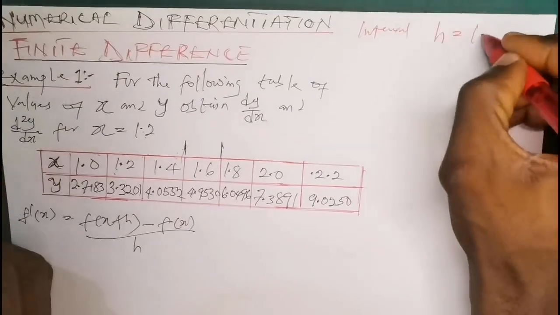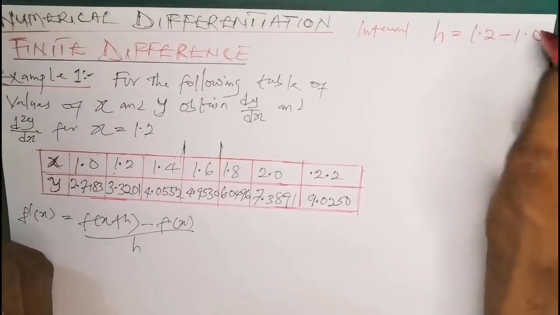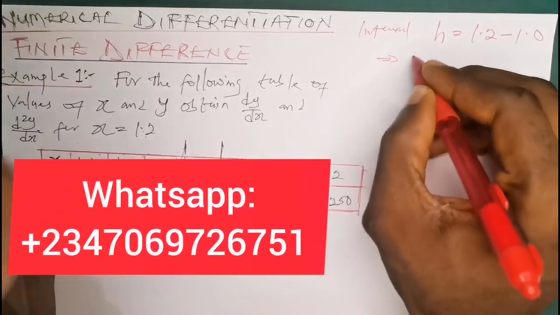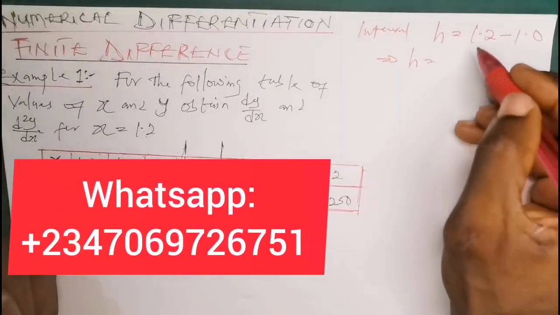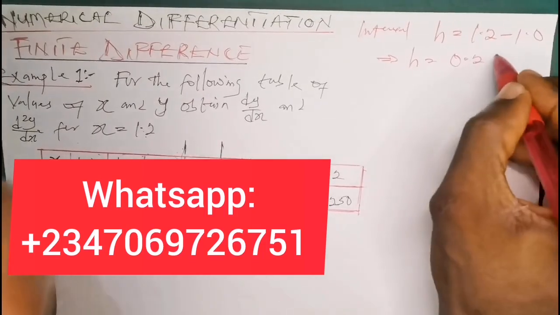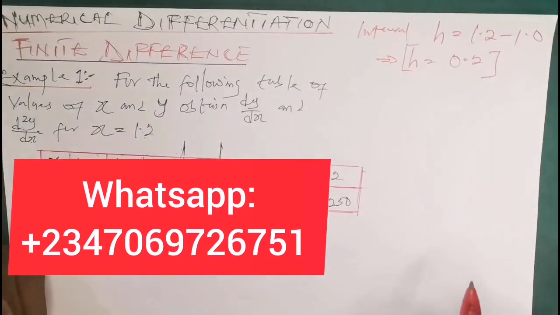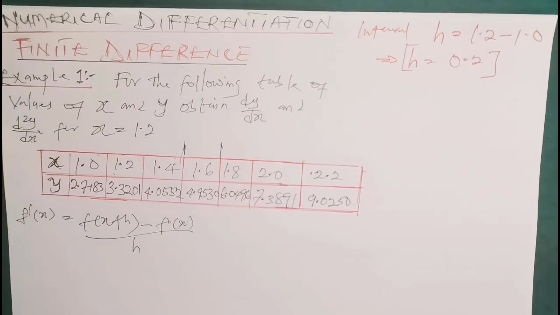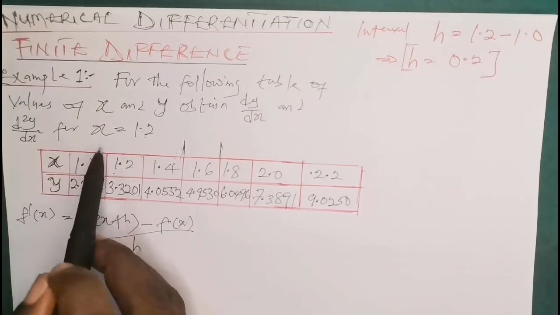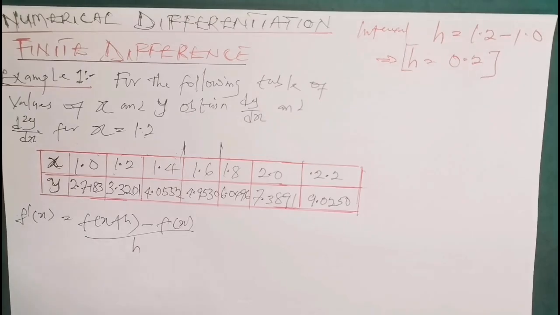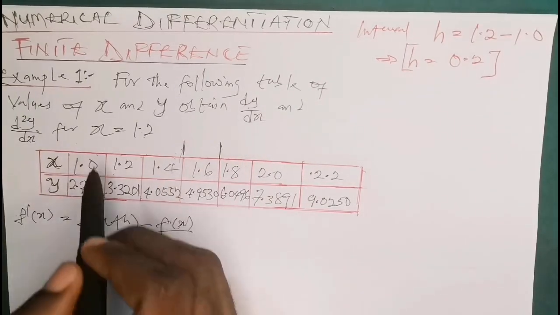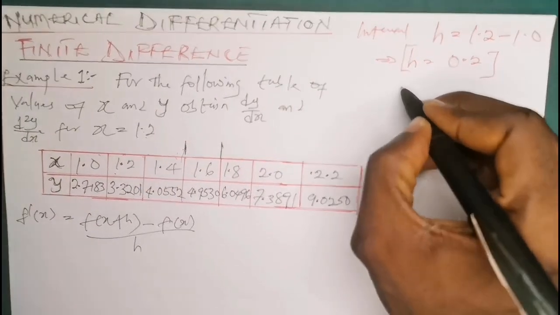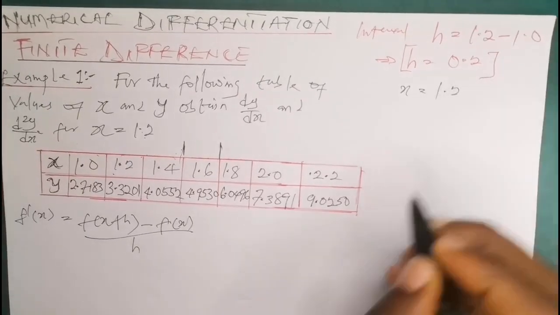So h equals 1.2 minus 1.0, which implies that our interval h is equal to 0.2. So if we know the value of h as 0.2, then we need to now find these functions. x is the value that is given to us at which we want to approximate these derivatives, and x is given as 1.2.